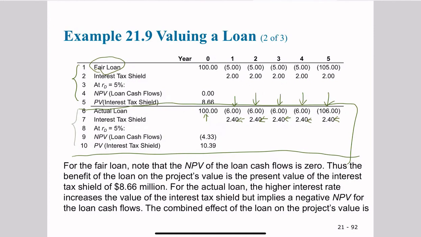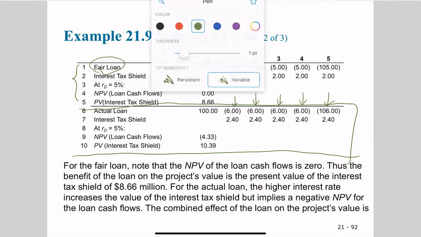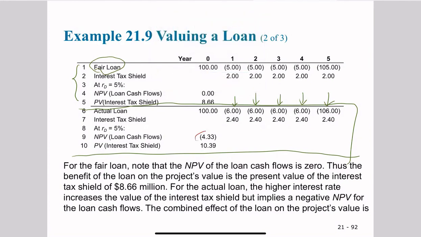So basically you can see that the second case essentially tells you what is the cash flow you can get from the loan and what is the interest tax shield you can get. And having these two streams of cash flows, we can get the NPV of this debt, right? So how do you get minus 4.33?